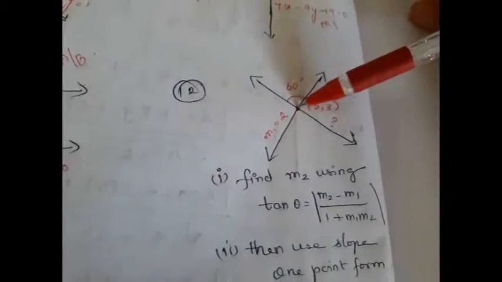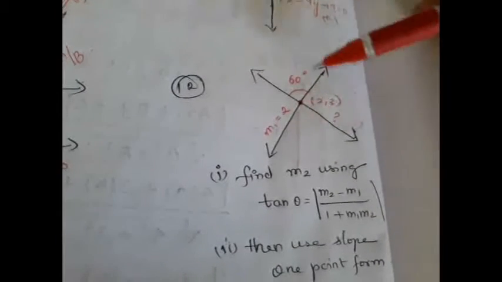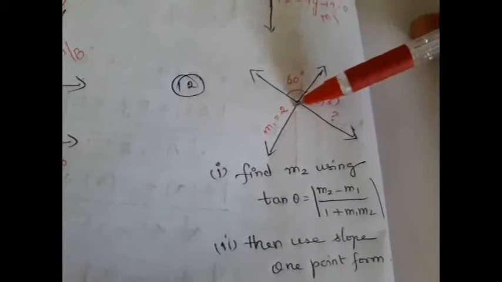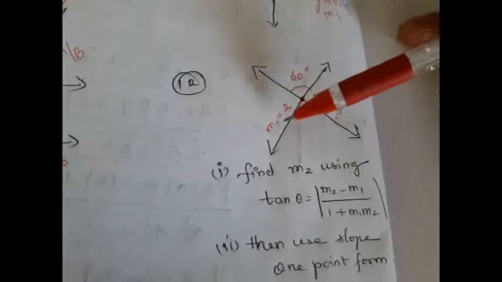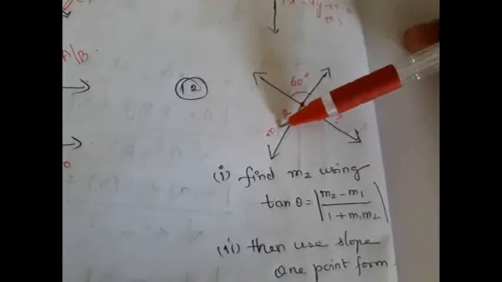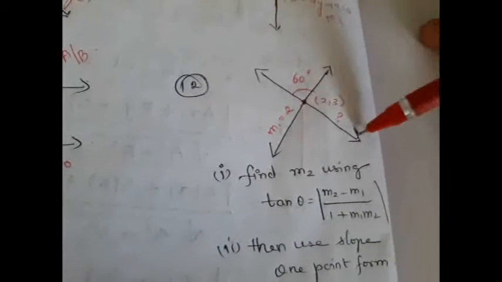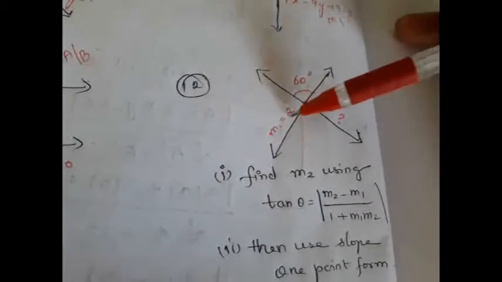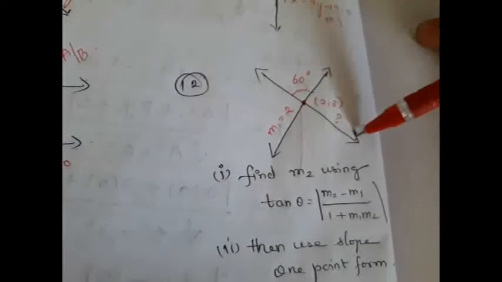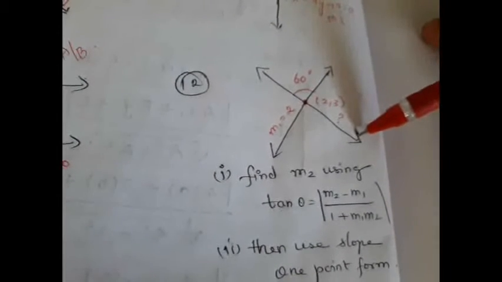Right? The next question is the 12th one. This is quite interesting. See, two lines passing through the point (2, 3) intersect each other at an angle of 60 degrees. If the slope of one line is 2, find the equation of the other line.